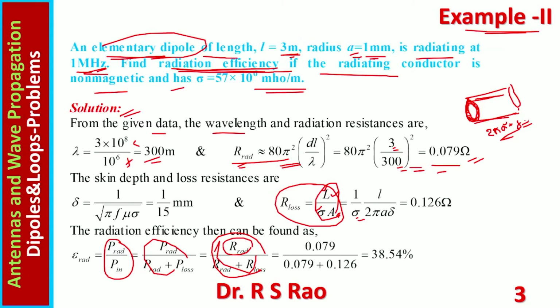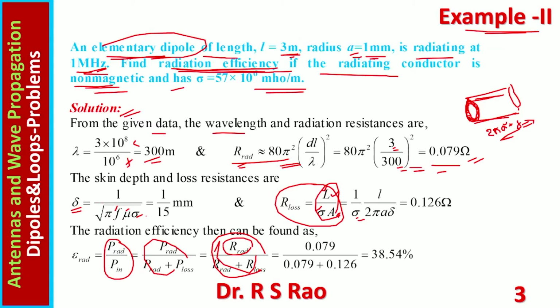We need to find its value. Skin depth delta can be determined using this formula, 1 over square root of pi f mu sigma. F is frequency, it is given. Mu is the permeability of free space because it is non-magnetic. Sigma is given, conductivity 57 into 10 power 6 mhos per meter.